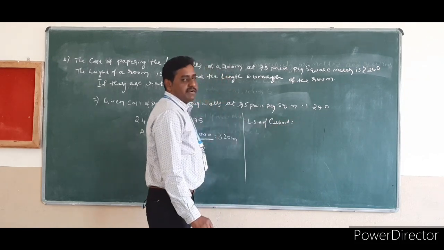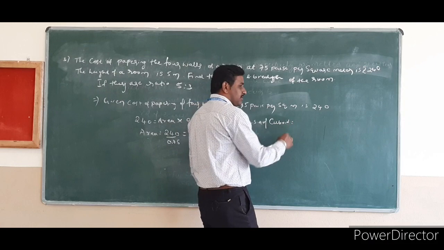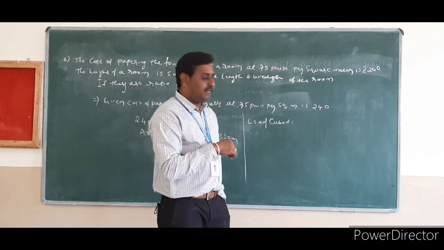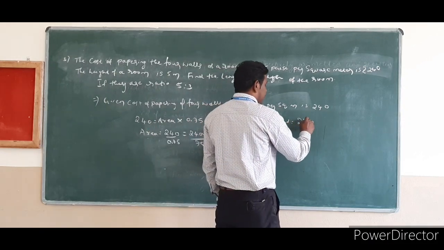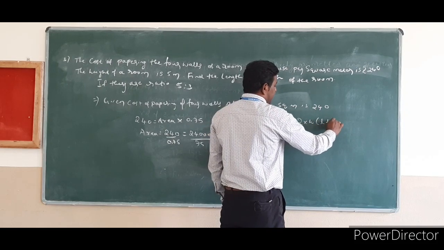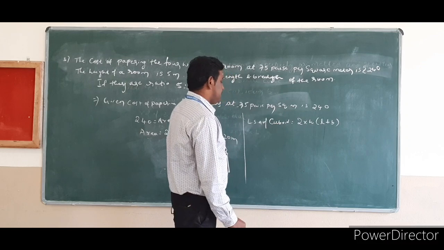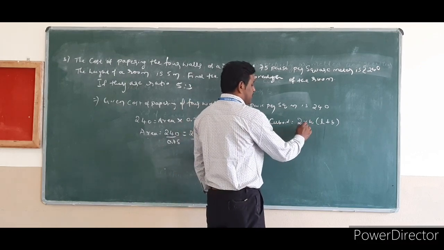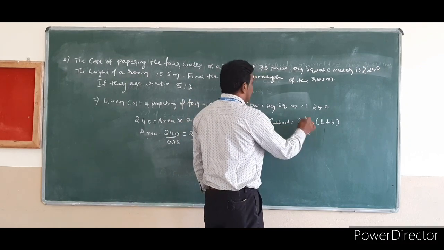What is the lateral surface area formula? Four walls means you have to consider lateral surface area. That is 2 into H into L plus B.